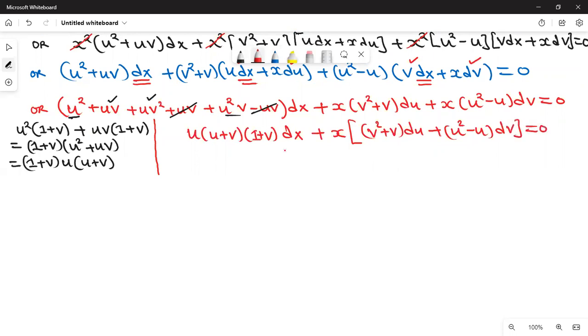This is supposed to be equal to 0. This one is a separable ODE. Let us separate the variables. We are going to get dx over x plus, of course, this is the same as v into (v plus 1). Remember, v squared plus v.